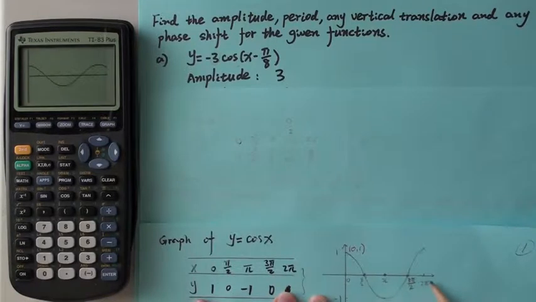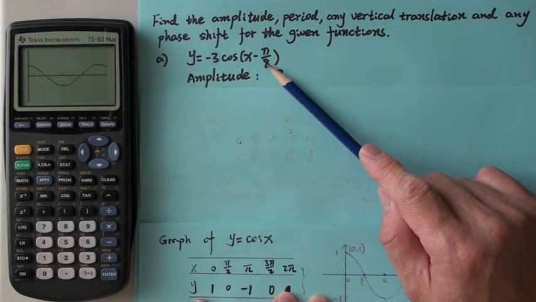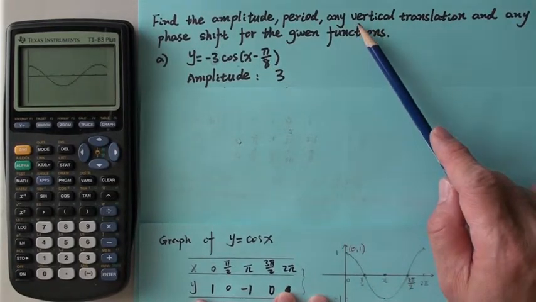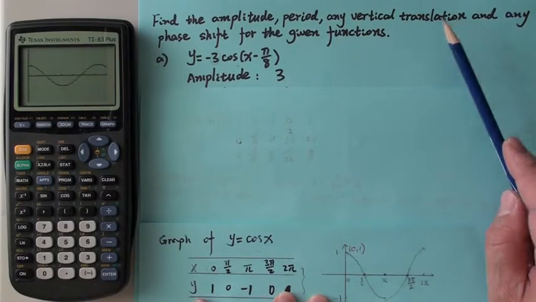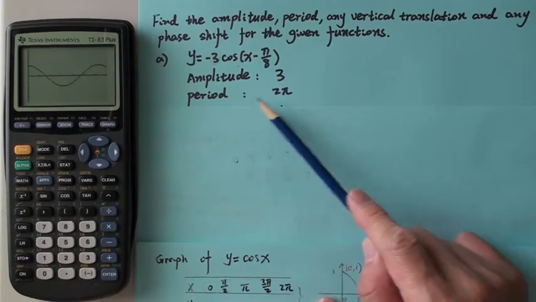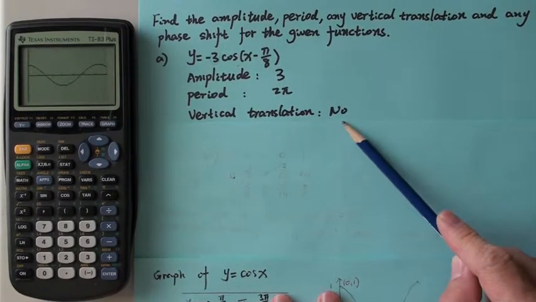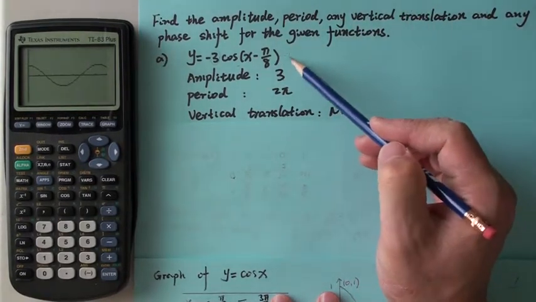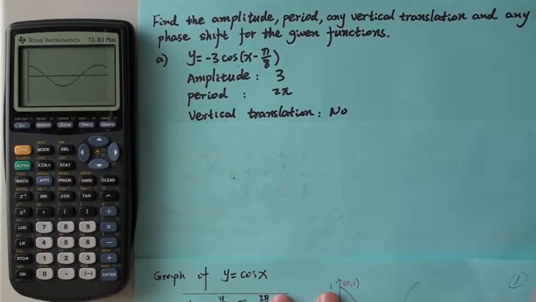It's still 0 to 2 pi. Now the vertical translation: there is no vertical translation, because we didn't add any value here or subtract any value here.